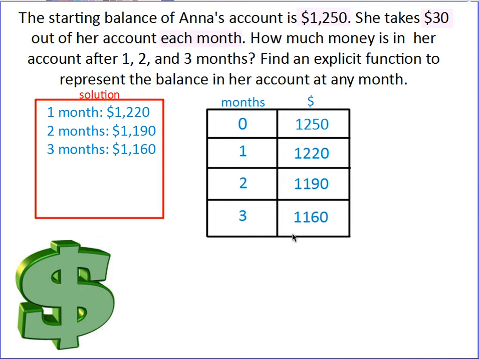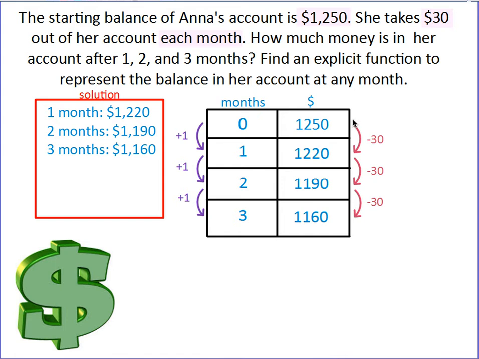Now, to write an equation from a table, we paid attention first of all to the amount of change every time we advanced from y value to y value or from x value to x value. We know that our x amounts are increasing by 1 each time we go from row to row.